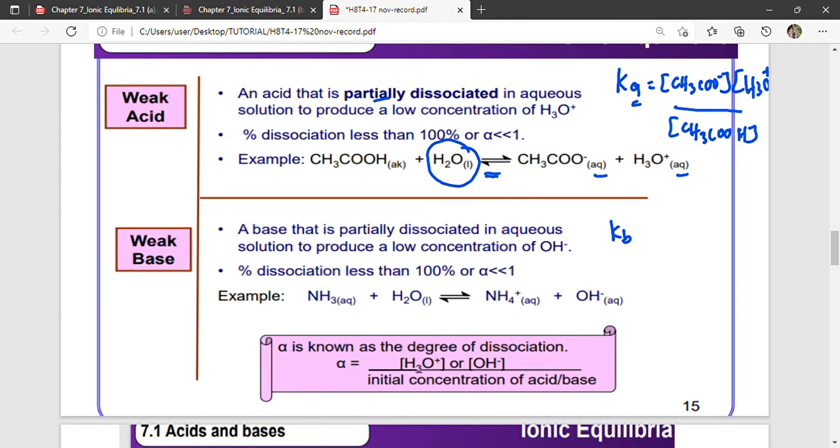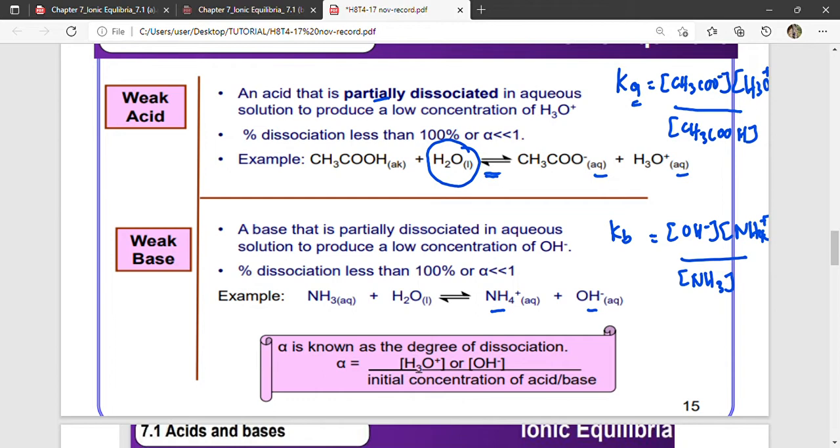The expression is the same as Ka, except here we have OH- and NH4+ over the concentration of NH3.